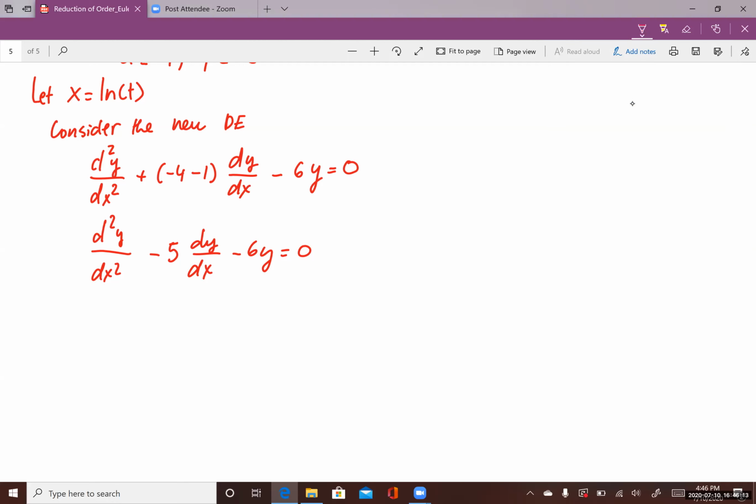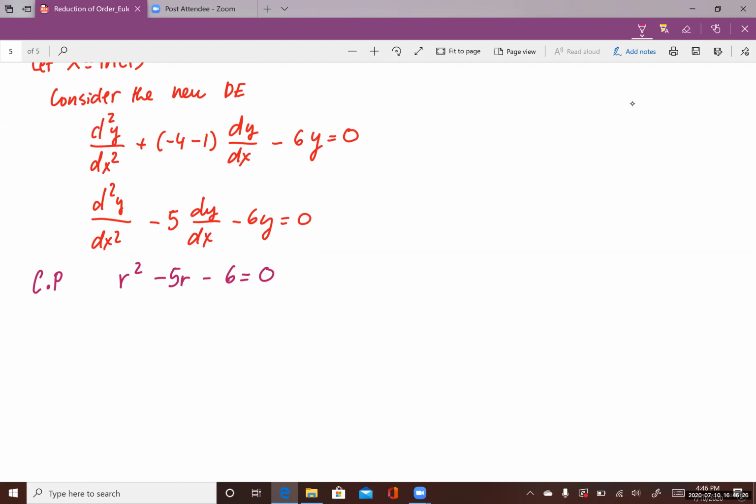So this is a differential equation with constant coefficients. I will try to solve this equation by finding the characteristic polynomial. Remember, we have r squared minus 5r minus 6 equals 0 as my characteristic polynomial, and I can solve this equation using factoring.